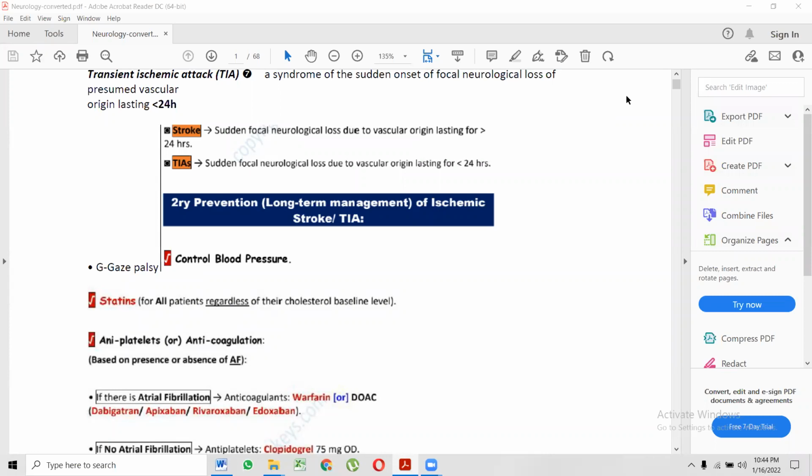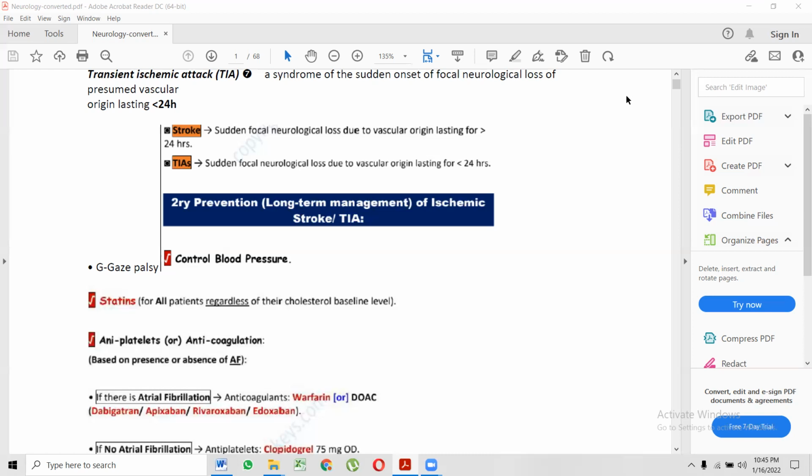If the patient presents to you after 4.5 hours and there is no hemorrhage on CT scan, then the medication that you need to give is aspirin 300 mg initially.